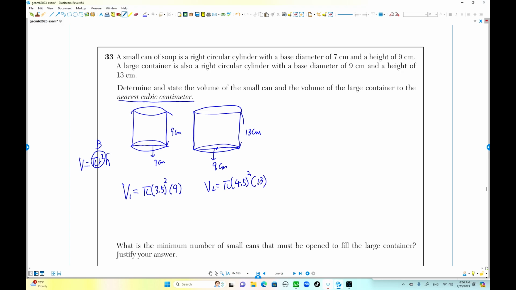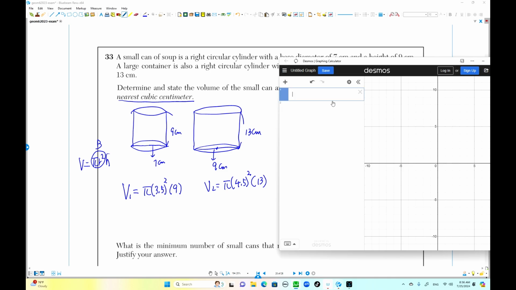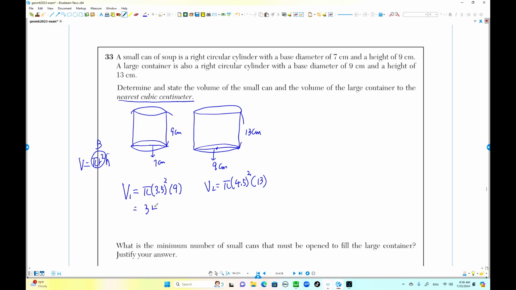So using this, first up here: pi times 3.5 squared times 9. To the nearest cubic centimeter, 346.3, so discard the next number: 346 cubic centimeters. Don't forget the unit.